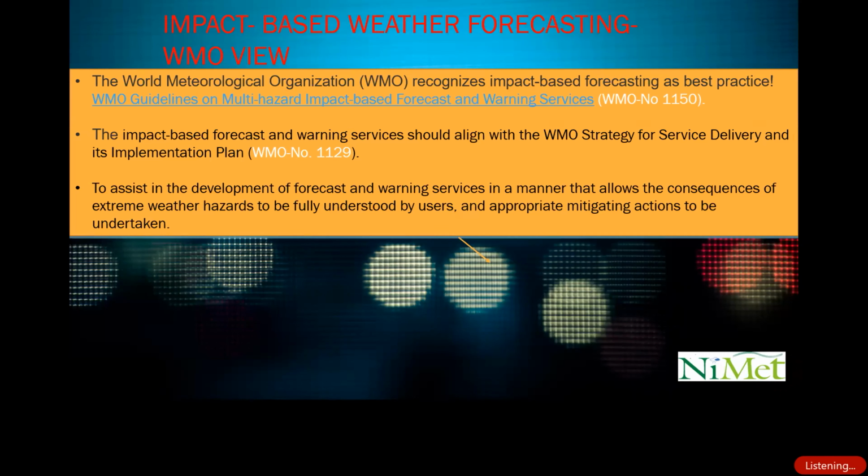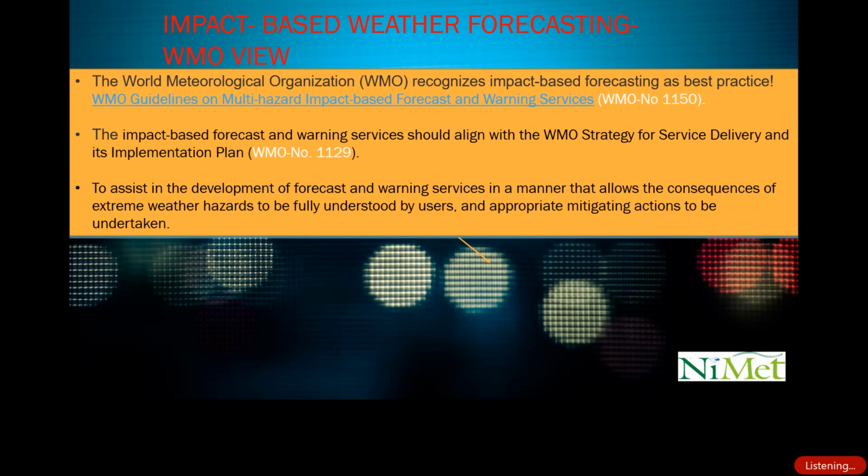And also in WMO 112, it emphasizes that there is need to align with the WMO strategy for service delivery and its implementation plan, which will assist those in charge of releasing such services to make it possible for the users.